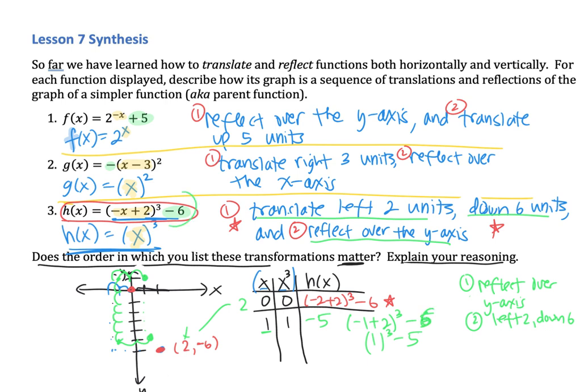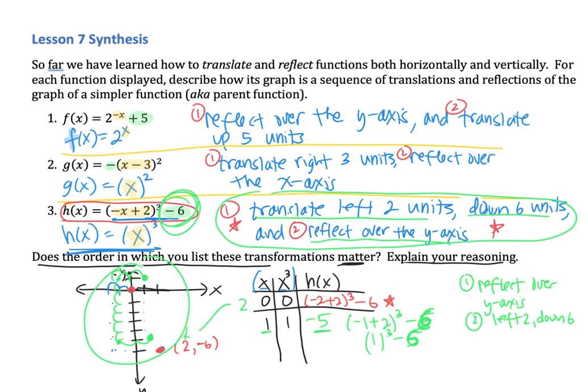I knew I was supposed to get 5. So 1 minus 6, sorry, I'm going back up here. I wrote that down incorrectly. So 1 minus 6 is indeed negative 5, so that means, once again, my description is accurate because I followed it visually in this graph, and then I did the math algebraically to make sure that the points I did based on my description were the same points as I got algebraically.